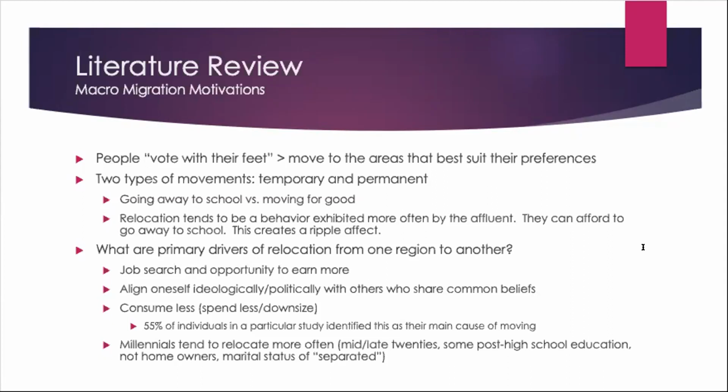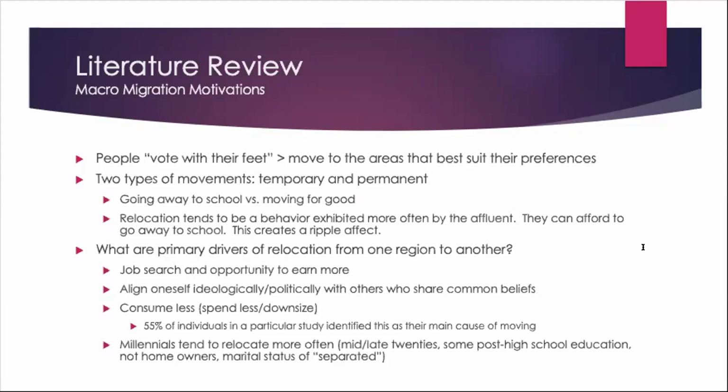Typically, if you're wealthier, that's going to give you the means to relocate, whether it's having the opportunity to go away and study, or just moving because you want a change of environment. And either way, it's kind of self-fulfilling, because as you become more educated, education is tied with affluence, and it's going to have kind of a trickle-down effect with your family and those that come after you.